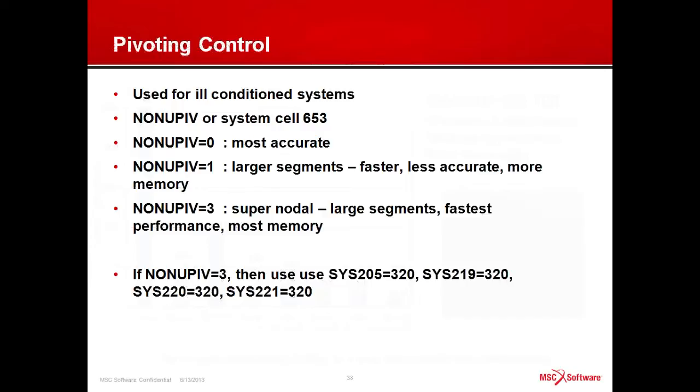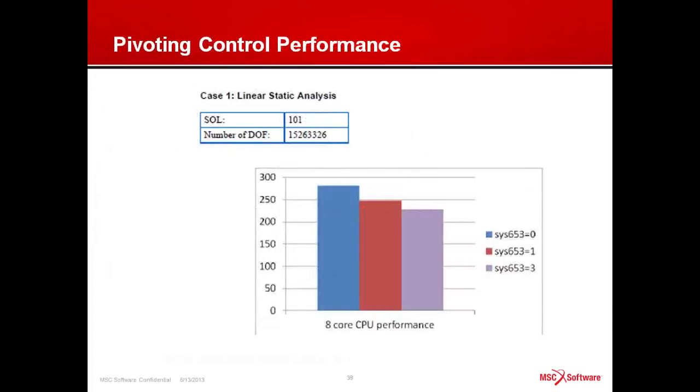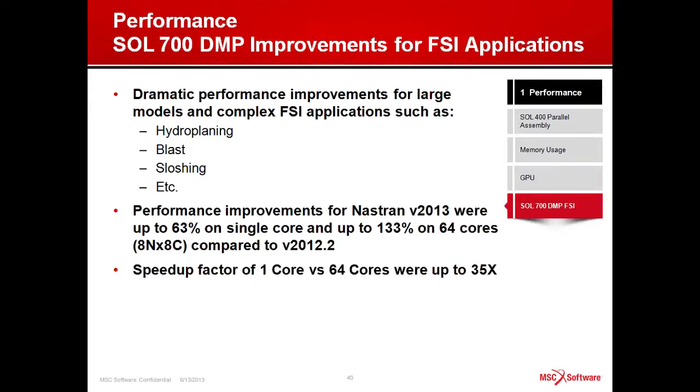But for other problems which are well-conditioned, one can now have some additional control on the pivoting algorithm, and if one utilizes that and recognizes that everything is a balance between performance and accuracy, you can get another 10 to 20% type of improvement on this model that was on the order of 15 million degrees of freedom. So, of course, whenever you have such a model, you always want to get the best of the best, and every 10 to 20% may count for you.